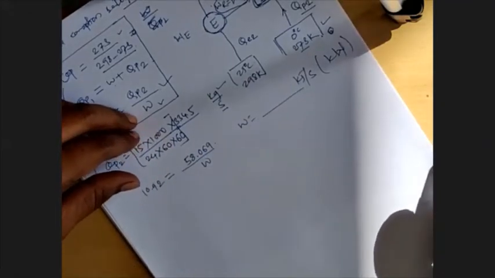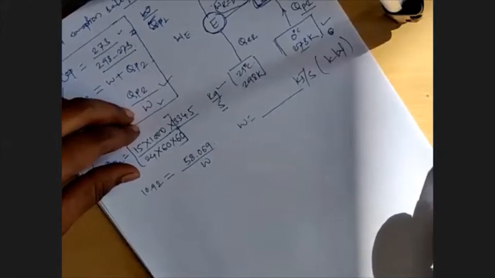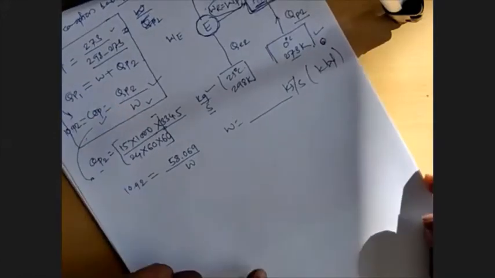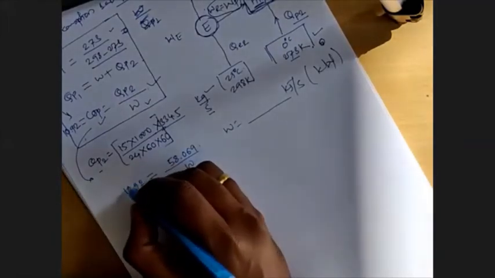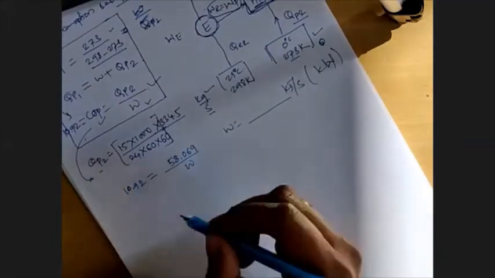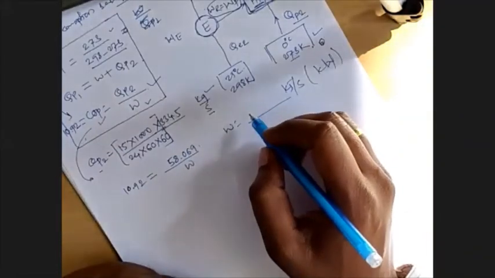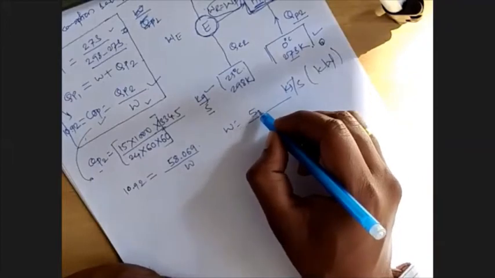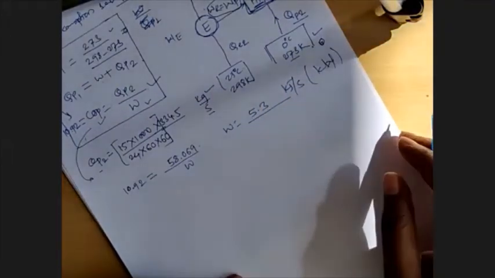0.05. 0.05, Pratik. No, 10.92. The answer has to be 5.317, correct. 5.3 kilojoules per second or 5.3 kilowatts.